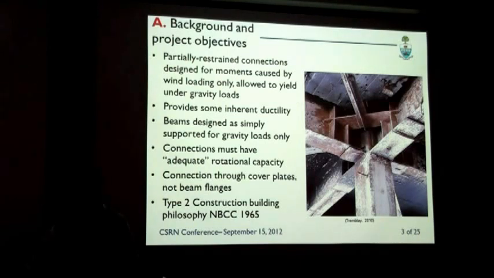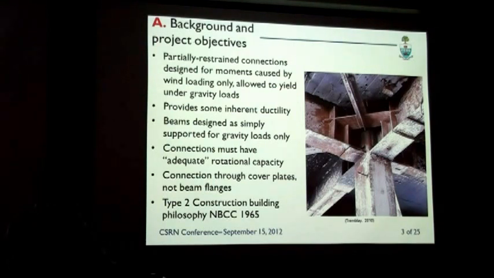One incarnation of the partially restrained connections in Canada was the Type 2 construction building philosophy in the MBCC 1965. And some current research has suggested that these systems are more ductile than we might give them credit for, and that they have almost a century of successful history to point to.